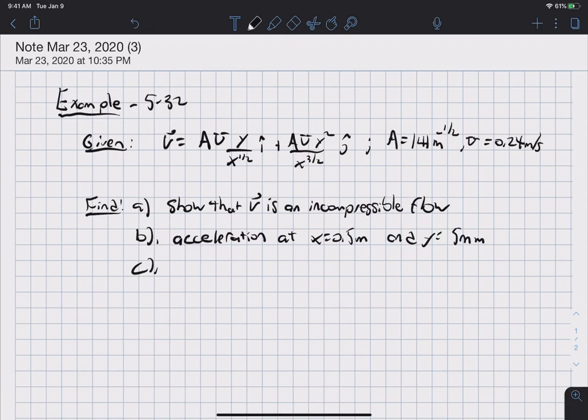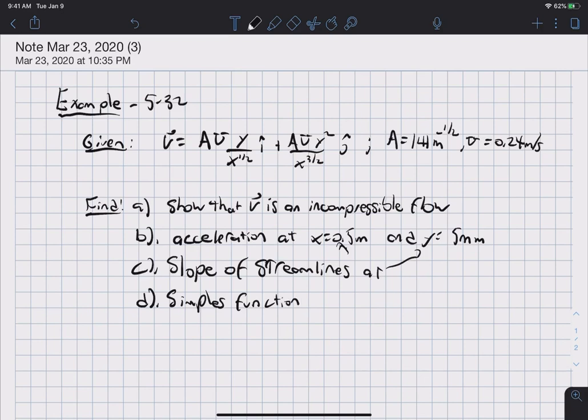C, the slope of the streamlines at x equals 0.5 meters and y equals 5 millimeters, basically at the same point as we did for part B. And I'm adding a part D, and that's the simplest function for u if v equals a U y squared over x to the 3/2 power, for the flow to be incompressible.